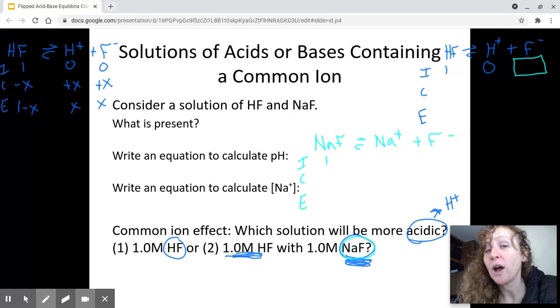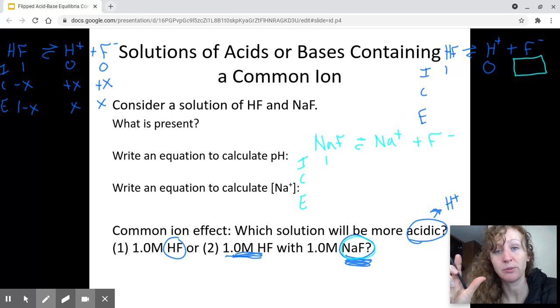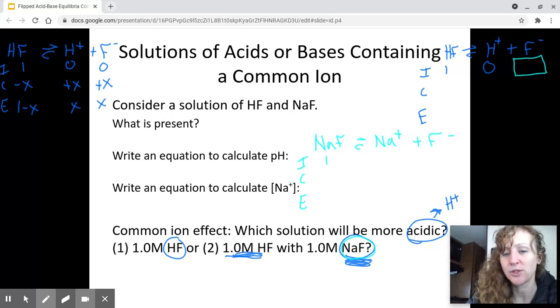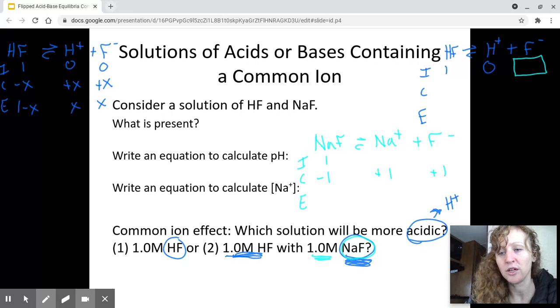Do I know how much it's going to change, or do I not know how much it's going to change? It's a soluble salt, right? So it's going to dissociate completely. That's the definition of a soluble salt. So I'm going to dissociate all of my NaF. That means if I start with 1 molar NaF, I'm going to get 1 molar of my Na plus ion and 1 molar of my F minus ion. So 0, 1, and 1.